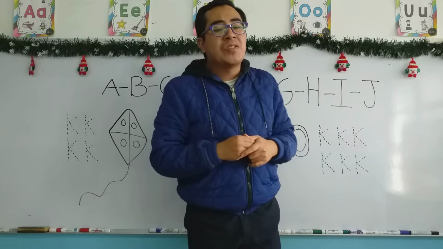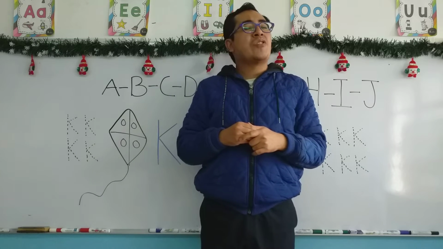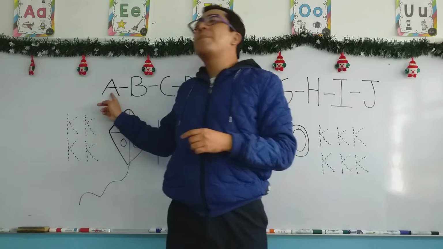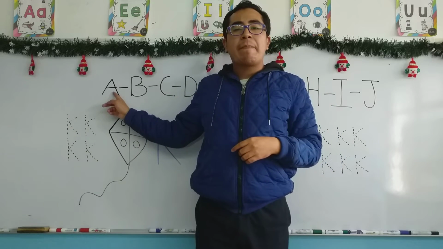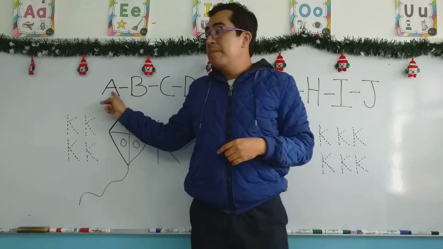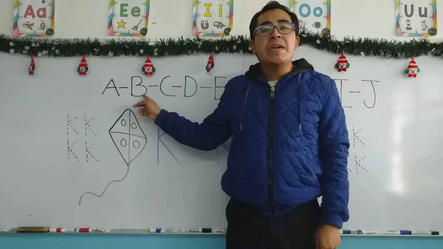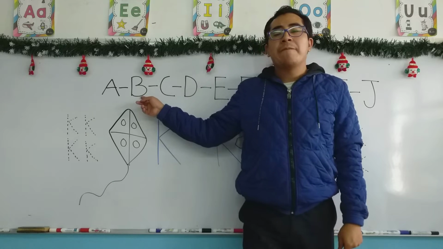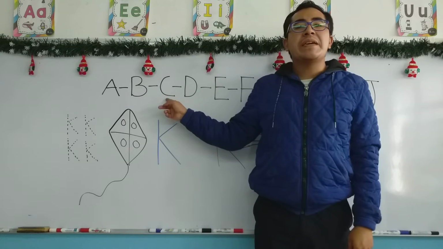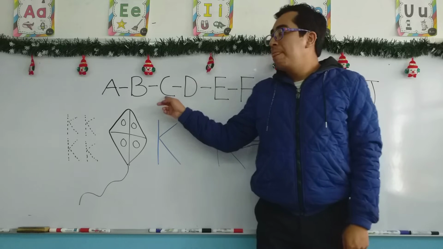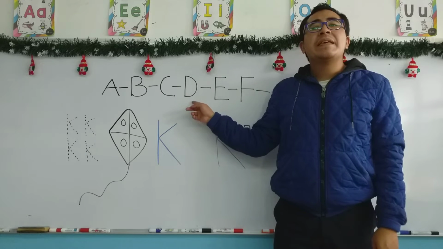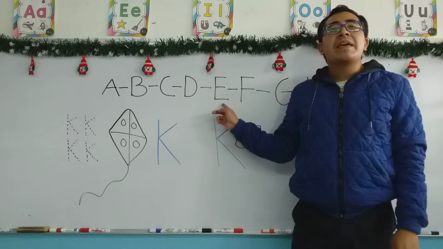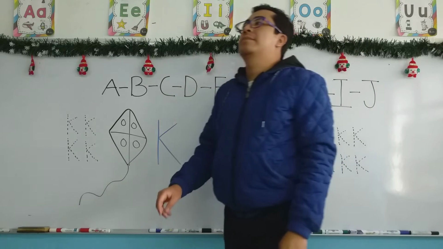So, let's start with the letters of the alphabet. So far, starting with capital A, airplane. Capital B, boot. Remember the boot, bota. Capital C, clown. Capital D, dragon. Capital E, elephant.